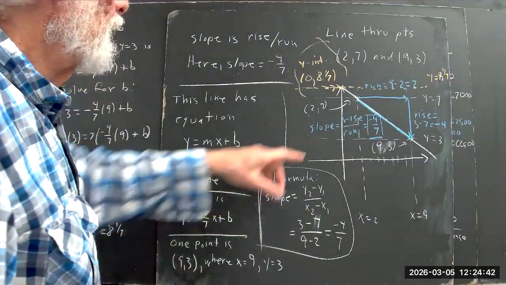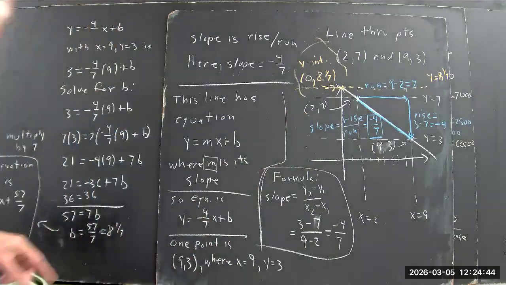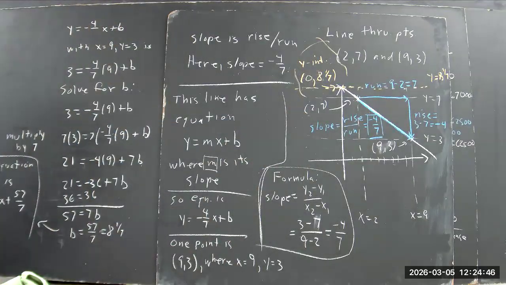Now, if we substitute 2, 7 into this equation, or let's say if x equals 2, y equals -4/7 of 2 plus 57/7, which equals -8/7 plus 57/7.